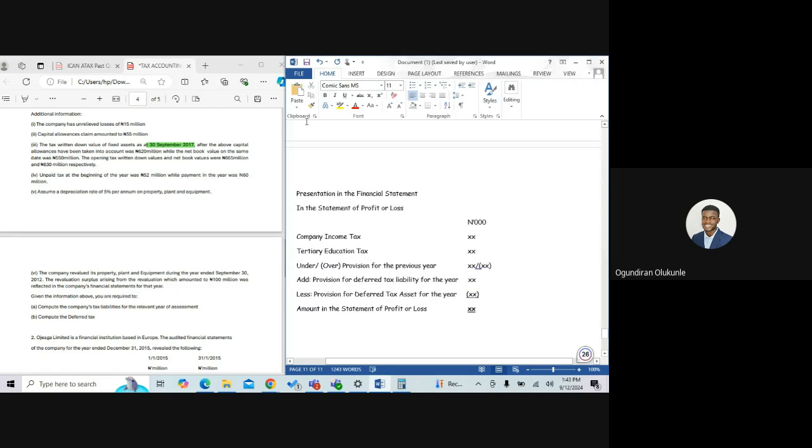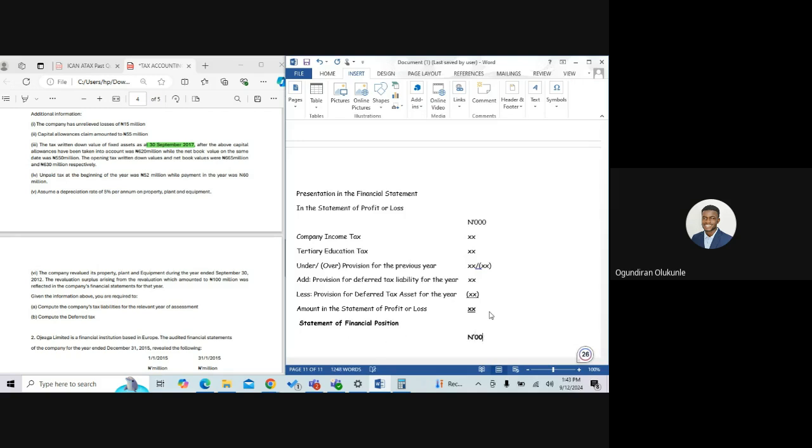right? The next statement that we need to do our presentation is called the statement of financial position. And for the statement of financial position, you have unpaid tax at the beginning.